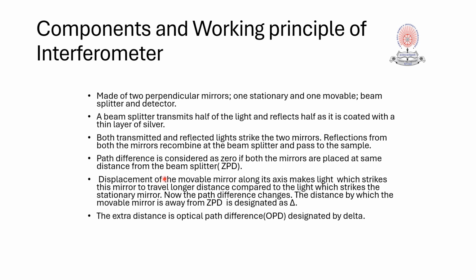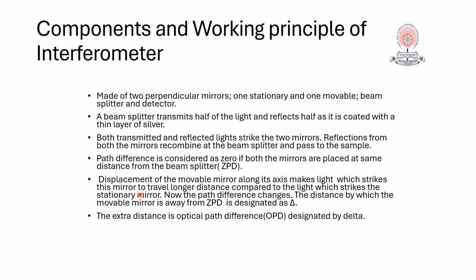Path difference is the difference between the light path or the optical path that is taken by light to the fixed mirror and the moving mirror. The path difference may be zero if both the mirrors are placed at the same distance from the beam splitter.